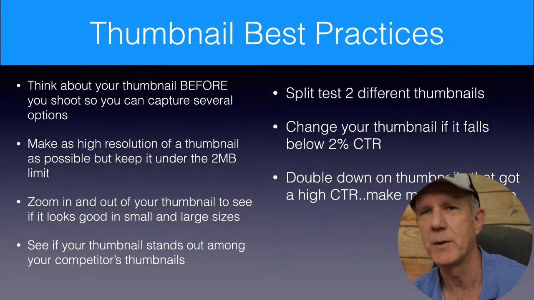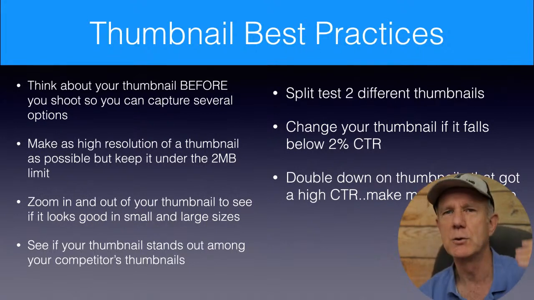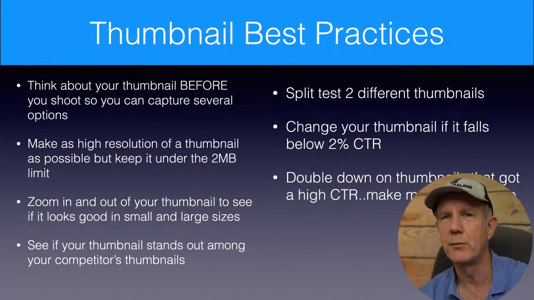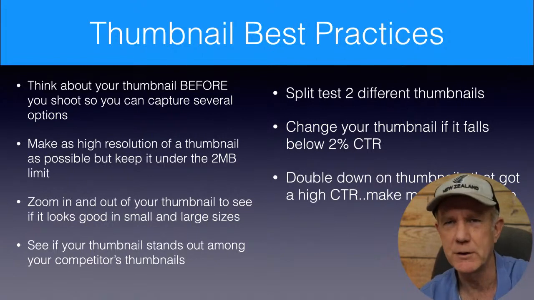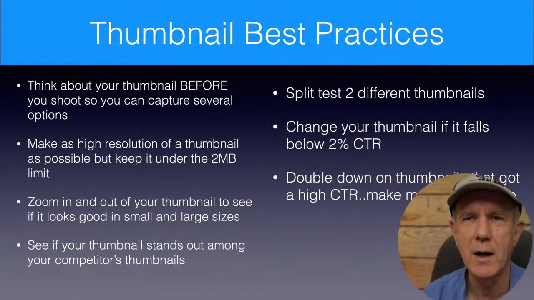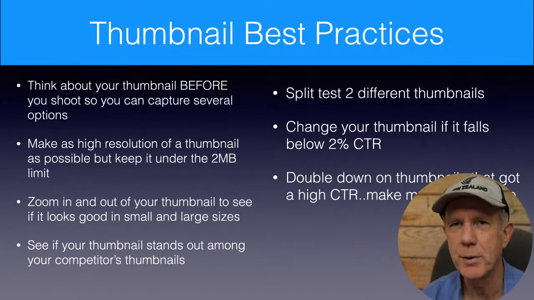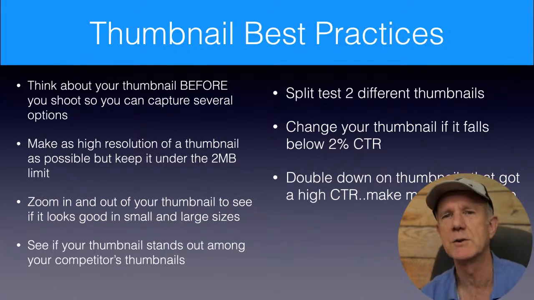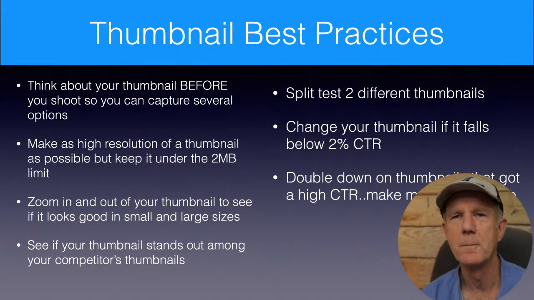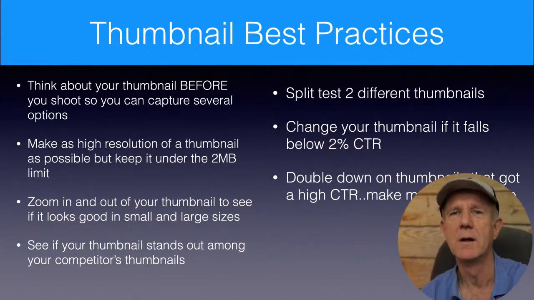And you also want to see if your thumbnail stands out amongst your competitors' thumbnails. So as I mentioned before, screenshot the top 10 or top 5 thumbnails of your competitors for your particular keyword phrase, then put your thumbnail next to those thumbnails and see if it stands out.